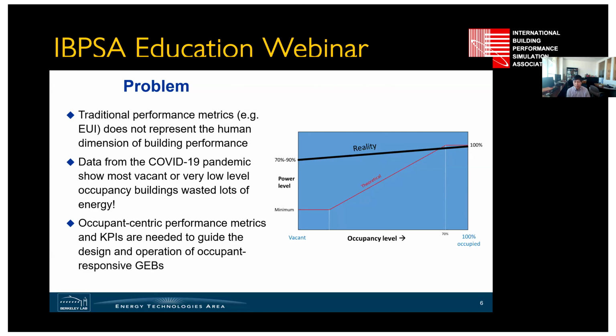Can we better operate? What are the key issues that we don't see the positive correlation between the occupancy level and energy consumption? So that triggers the thinking that we should have different types of metrics that can better represent the occupant dimension in the building's total performance.